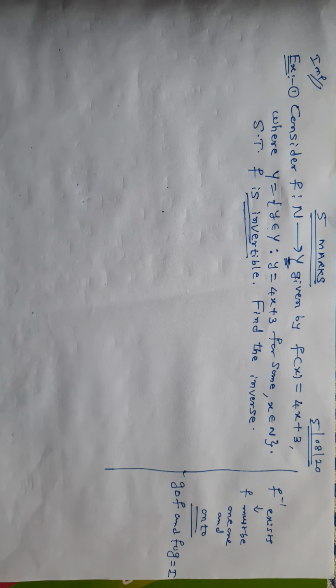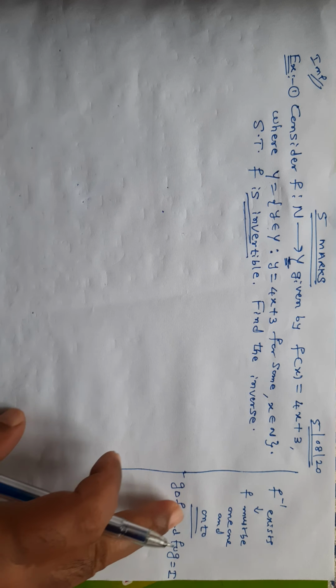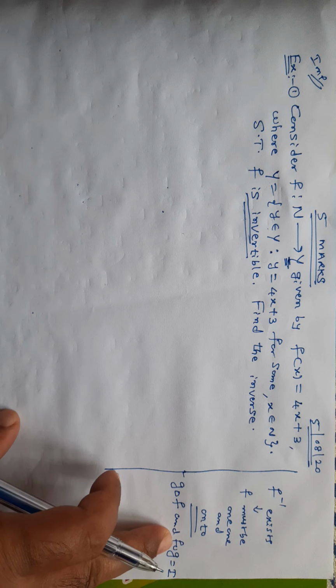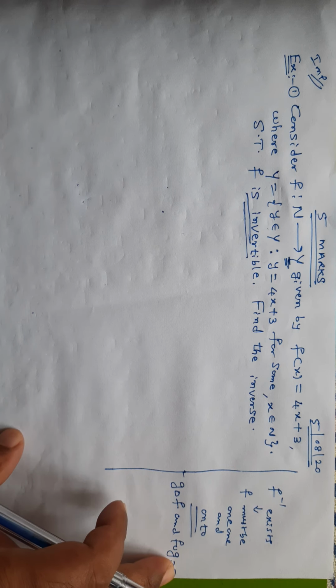So we can do any one method here. We can show that f is 1-1 and onto, or we can prove that the compositions of f and g and g and f are both equal to the identity function.